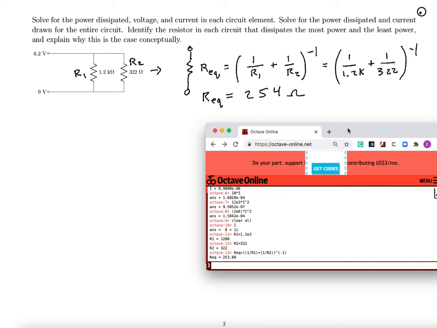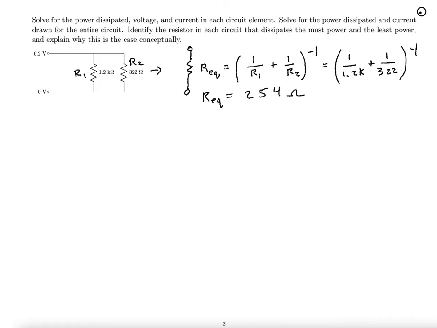At this point, we proceed very similar to the previous problem. We're going to figure out the current through the circuit, but now we have to figure out the current through R1 and the current through R2 separately.